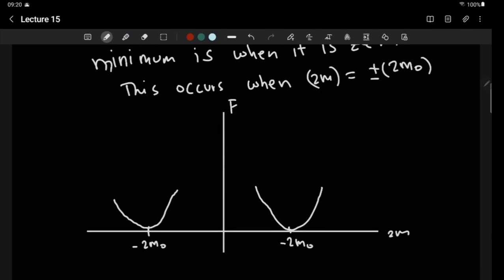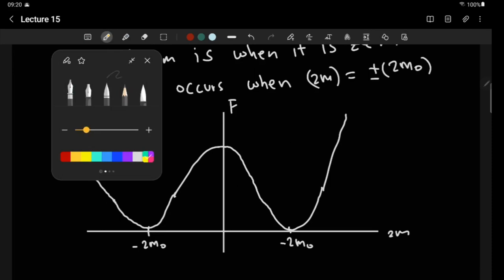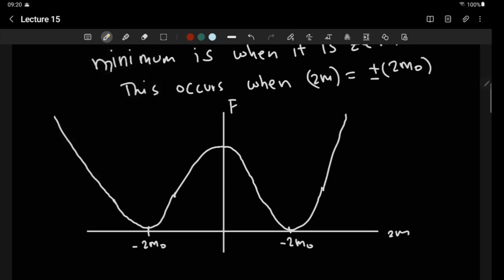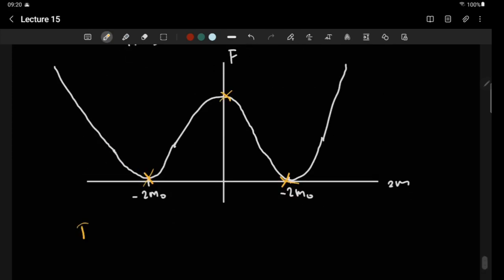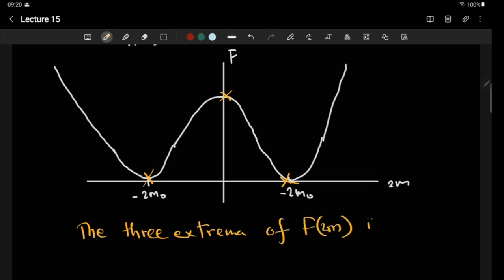The minimum here, and okay, so now you can see the three solutions, so the three extrema of f of m or 2m are at 2m equal to 0 plus or minus 2m naught.